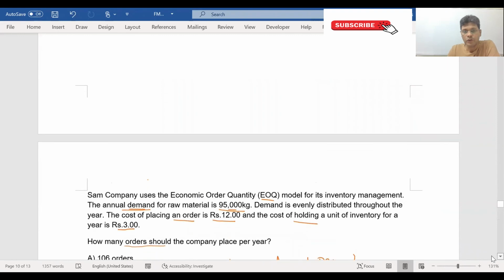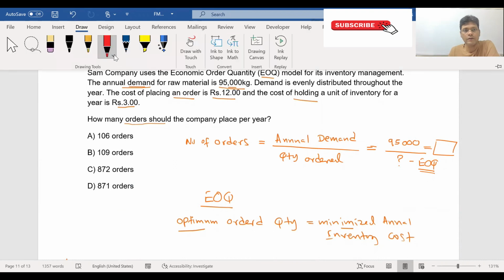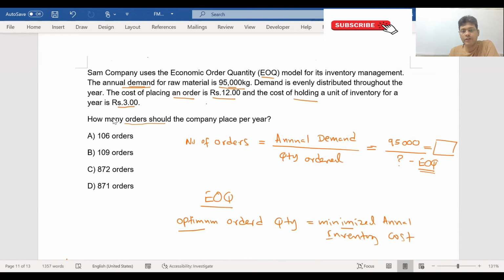You are given the annual demand. The same formula should be applied to identify the economic order quantity in this question, because the annual demand is given but the question is silent about the quantity to be ordered.